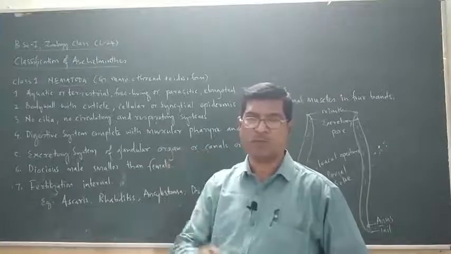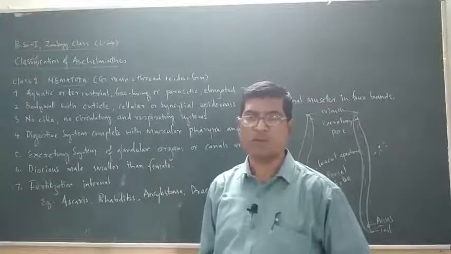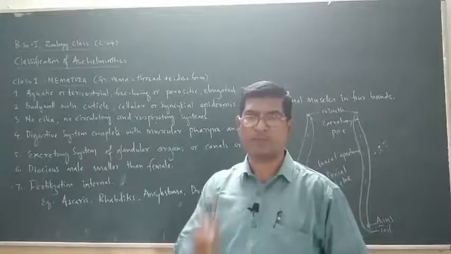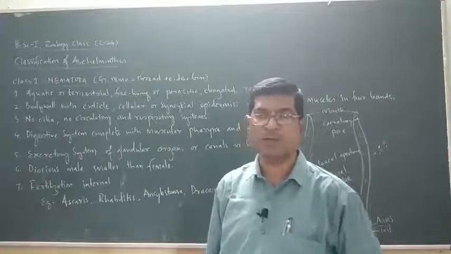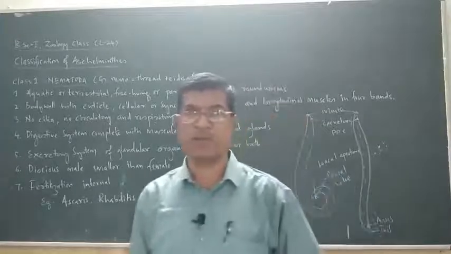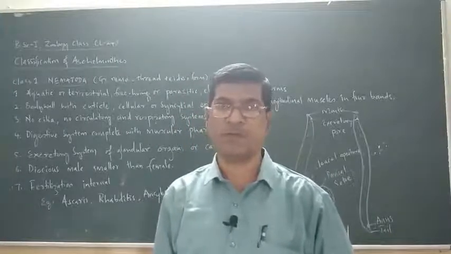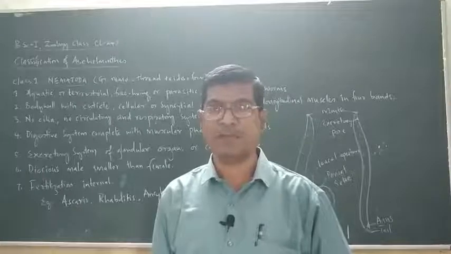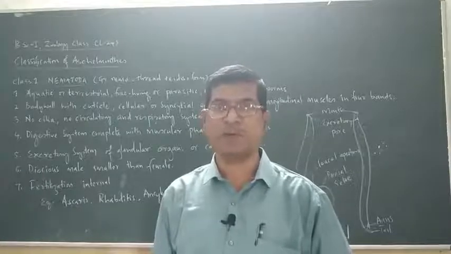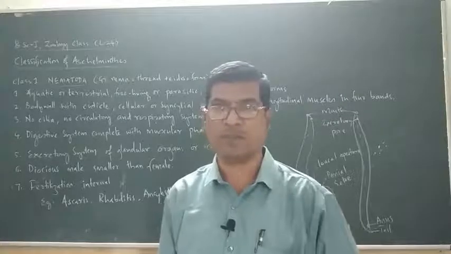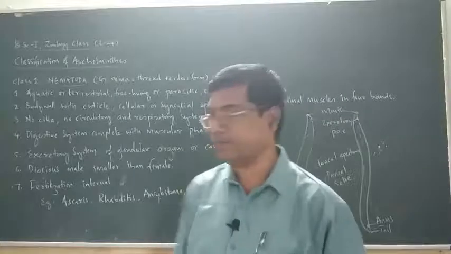If you take the cross section of the worm, it is circular, it is round, therefore the worm is said to be a round worm. A very popular example for this type of worms is Ascaris lumbricoides, the round worm.